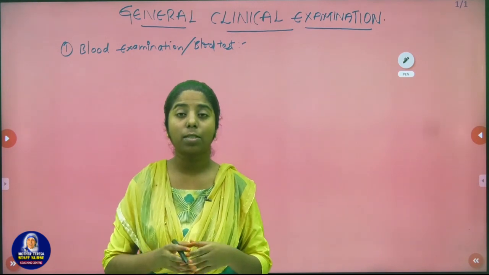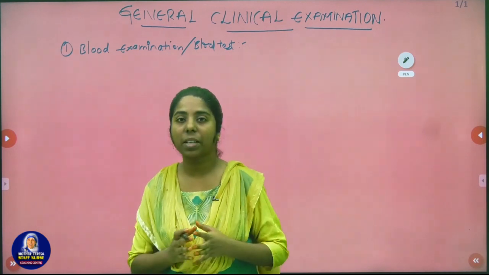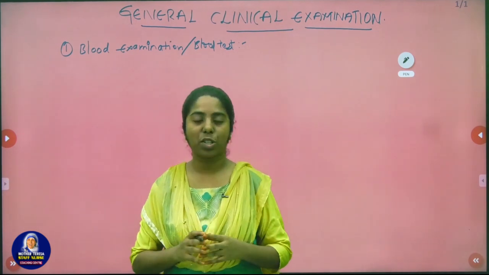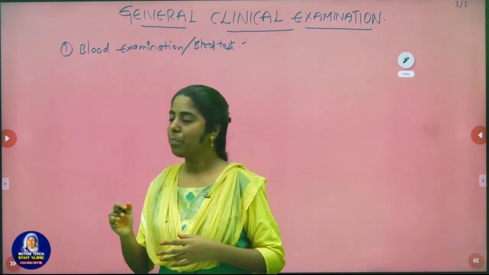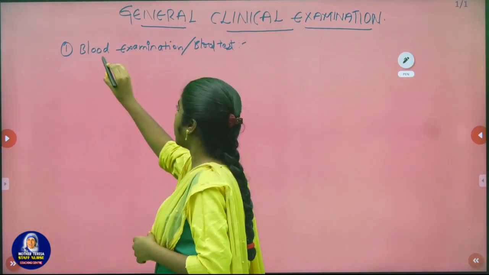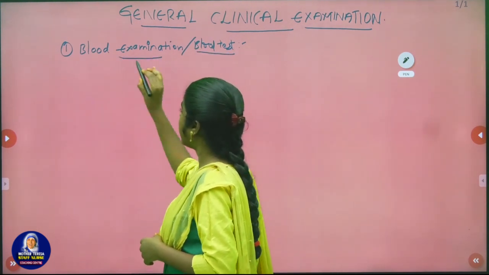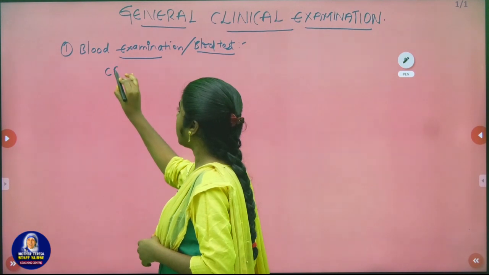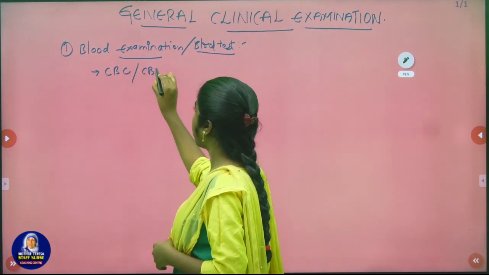CBP, which is complete blood picture, or CBC, complete blood count. In a blood examination, the normal thing we do is a CBC or CBP.